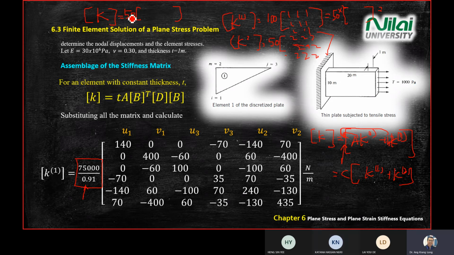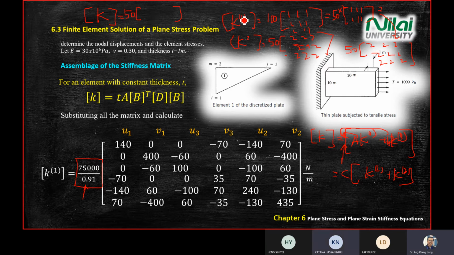So you convert this one into 50 times 2, then 1, 1, 1, 1, 1. Then you convert the other into 50, and it becomes a 2, 2, 2, 2, 2 matrix. You understand? Yes, sir. Then you can do the superimpose.